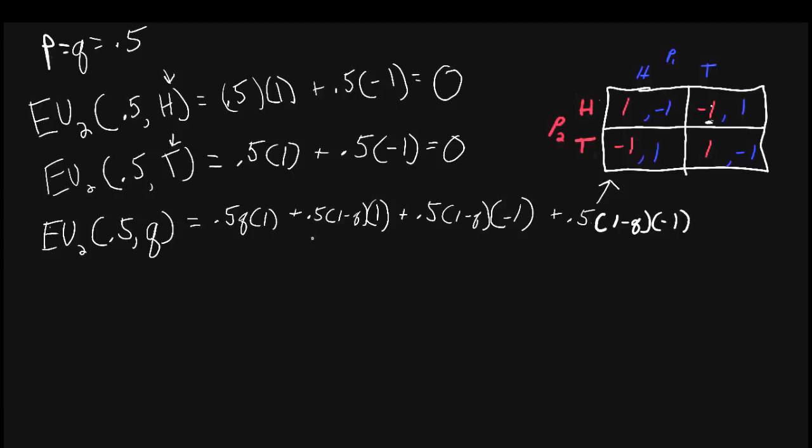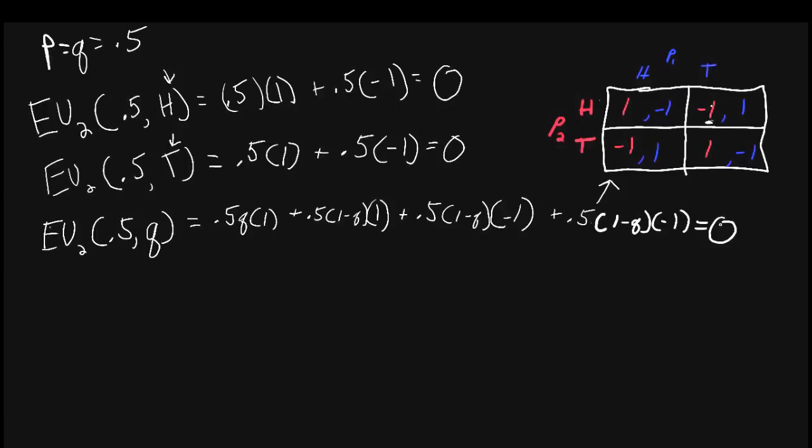If we multiply this out, this is just a simple equation, we see that independent of Q, player 2 will earn 0. So what does this mean? When player 1 randomizes with probability 0.5, player 2 is indifferent between always playing heads, always playing tails, or randomizing between heads and tails with any probability.